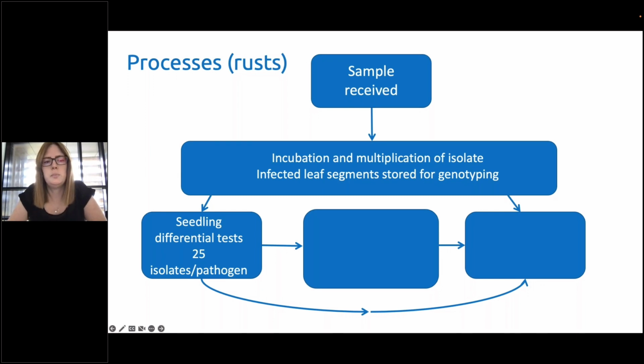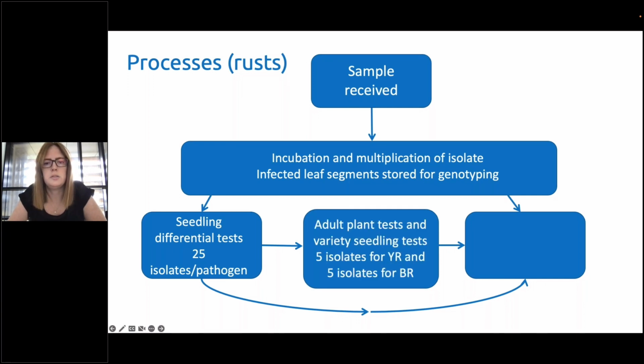We aim to complete these tests by the end of December. From these 25 isolates, we select 5 isolates of yellow rust and 5 isolates of brown rust, which we take on to our adult plant tests in the field and also our variety seedling tests in the growth room. These tests assess the risk of those population changes on our UK recommended list of varieties and candidates.